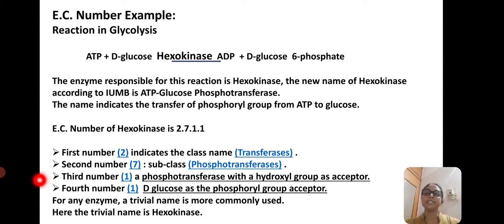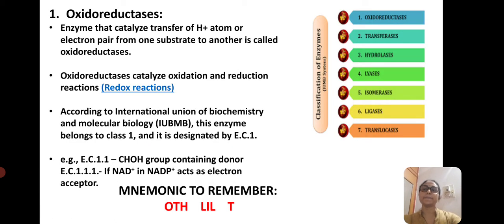And the fourth digit indicates D-glucose as the phosphoryl group acceptor. So D-glucose is the substrate which is going to accept the phosphoryl group. That is how the technical name is going to specify each and every action of the enzymatic reaction. But the trivial name or the commonly used name is hexokinase.